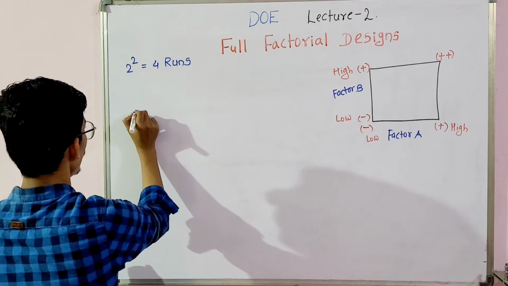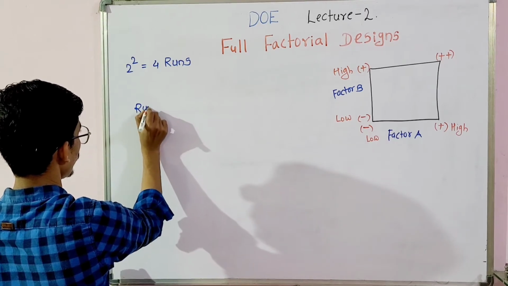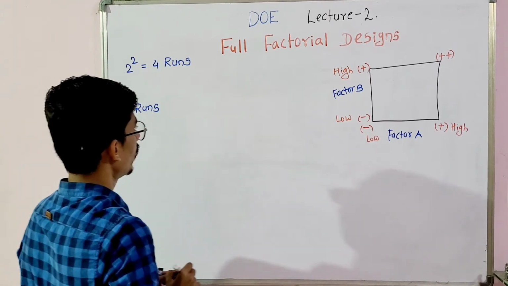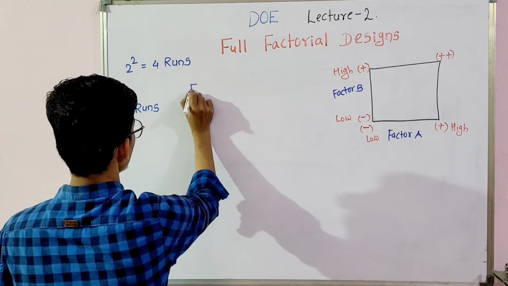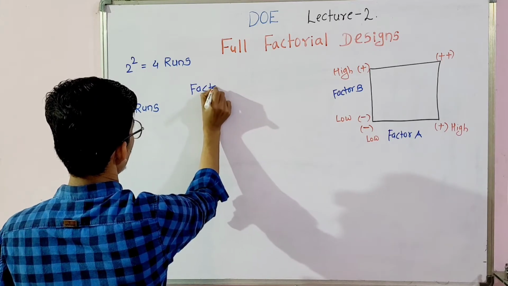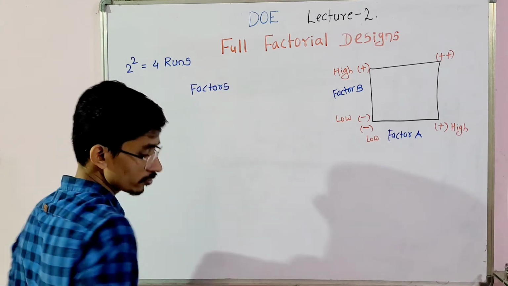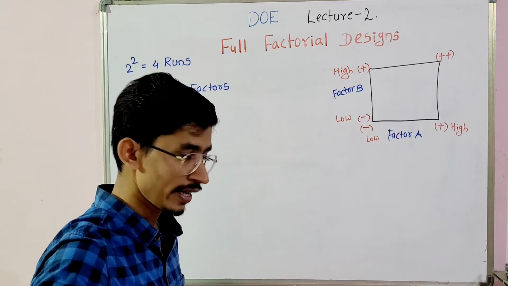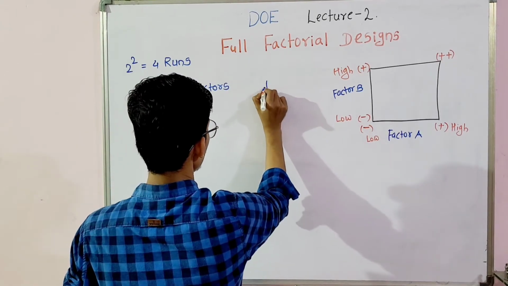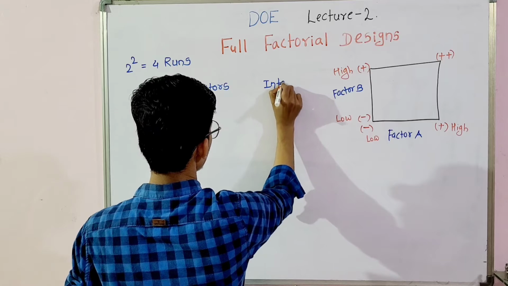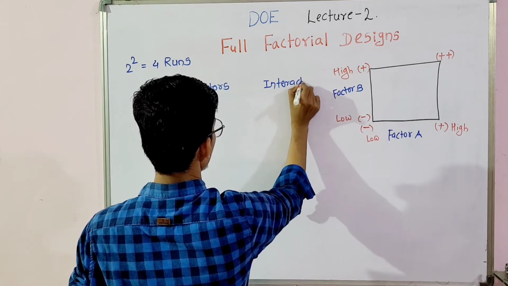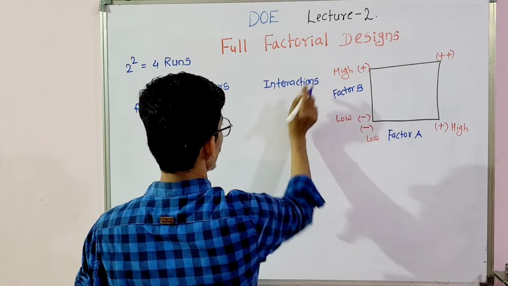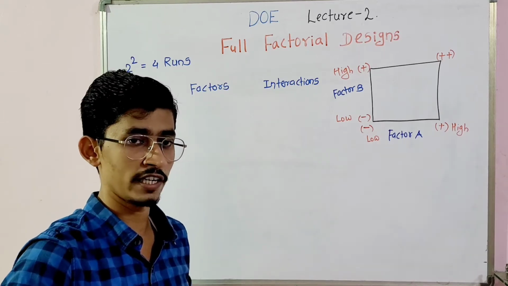So I will write here the runs, the factors and interactions. You need to remember here you will get interactions. That is an important thing. For two factors you will ultimately get interactions.